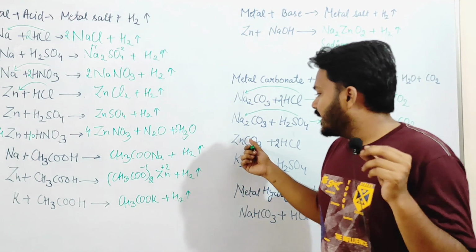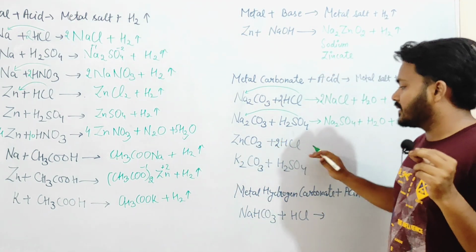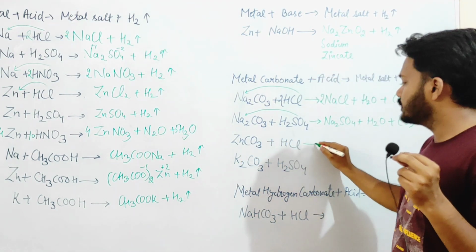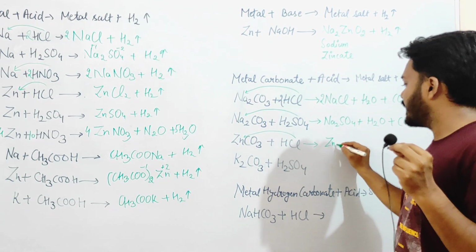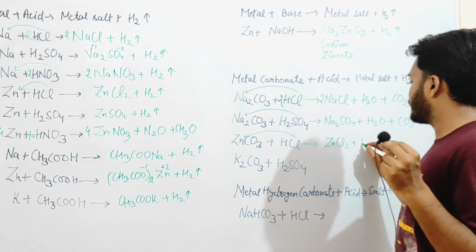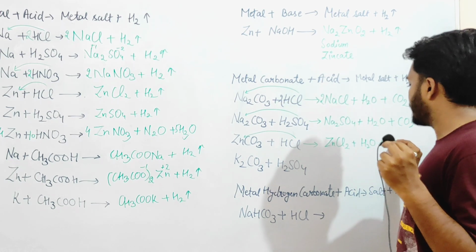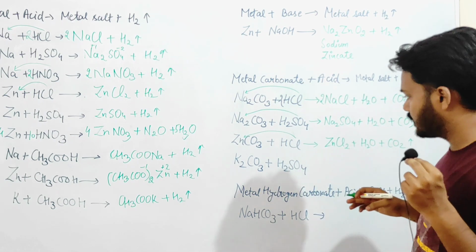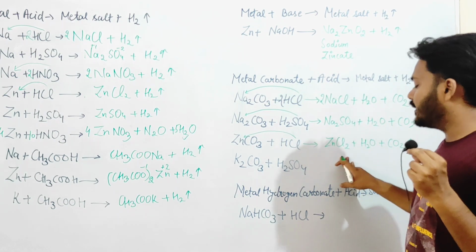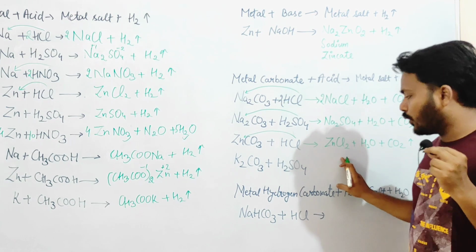Now zinc carbonate reacts with HCl. Combine the negative part with the zinc, ZnCl2 plus water plus carbon dioxide. Carbon dioxide will be liberated in all the cases. Why is zinc chloride ZnCl2 formed?